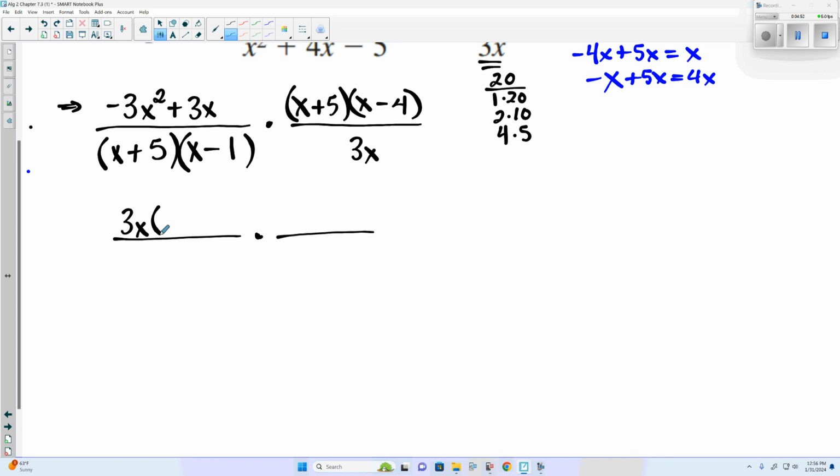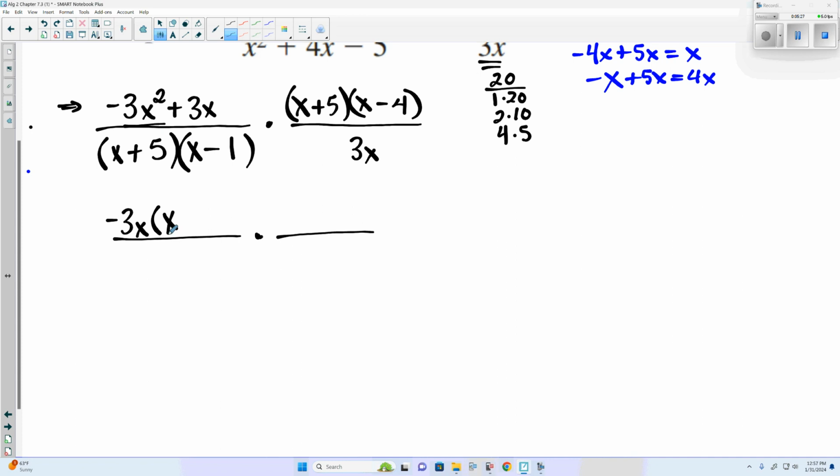Now, one thing to be paying attention to, whenever the variable with the biggest exponent is negative, we want to take the negative with it. We want to try to keep that first variable positive. So since it is negative 3x squared, this time we're going to factor out a negative 3x. If it had been positive 3x squared and 3x, then we would have just taken the 3x out. Because by taking the negative 3x out of negative 3x squared, the negative 3 simplifies out.